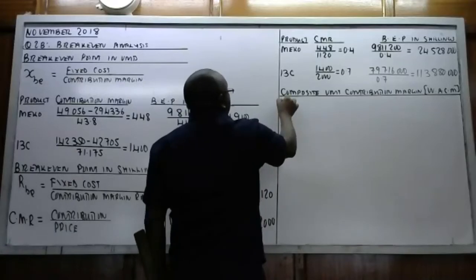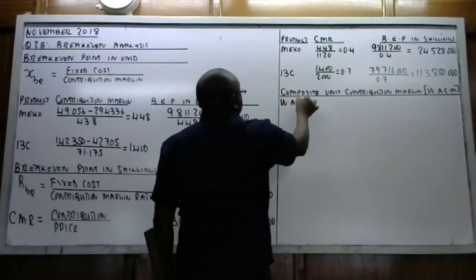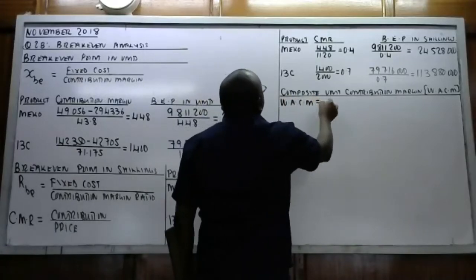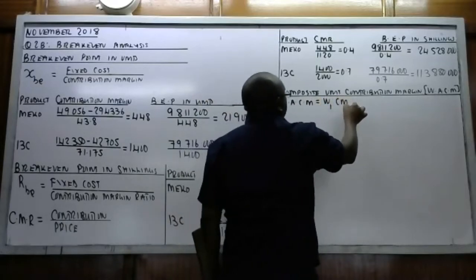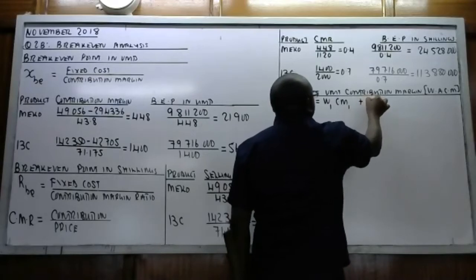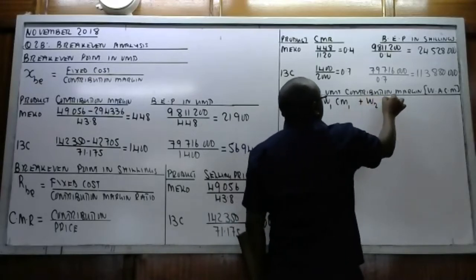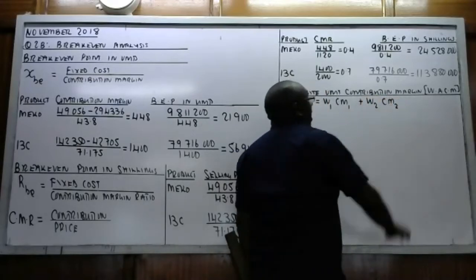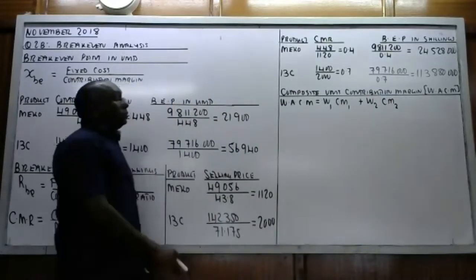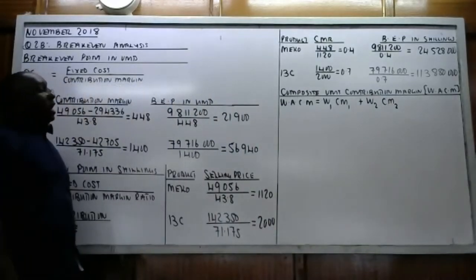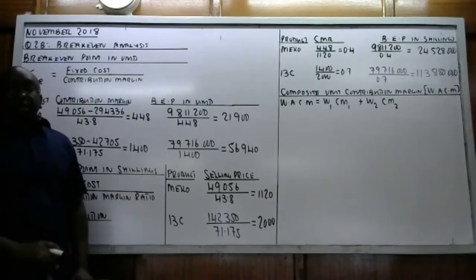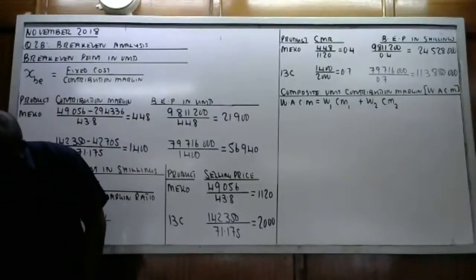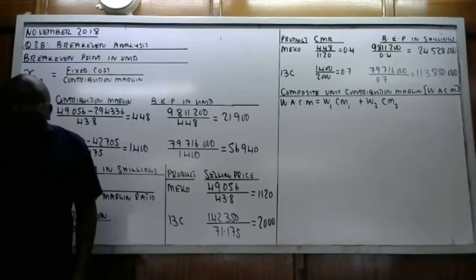So WACM will be given as the weight of product 1 times the contribution margin of 1, plus the weight of product 2 times the contribution margin of product 2. That's how we get the weighted average contribution margin.